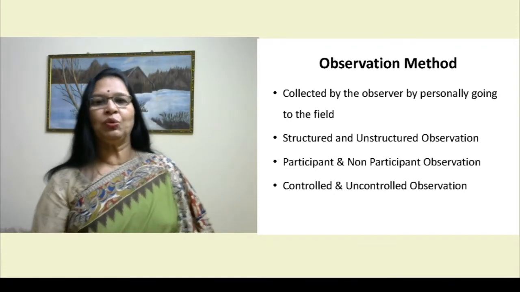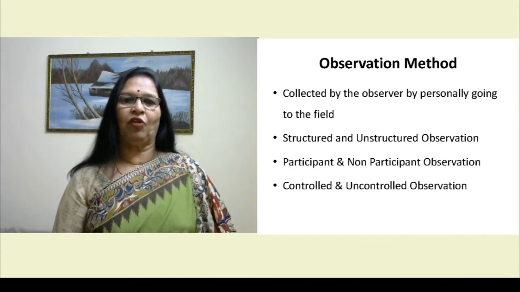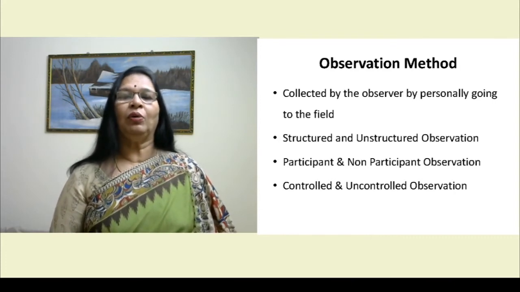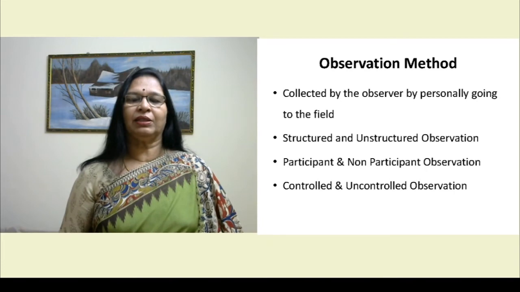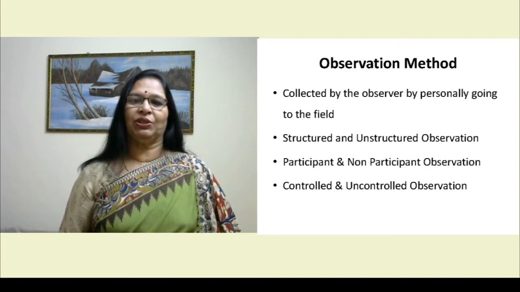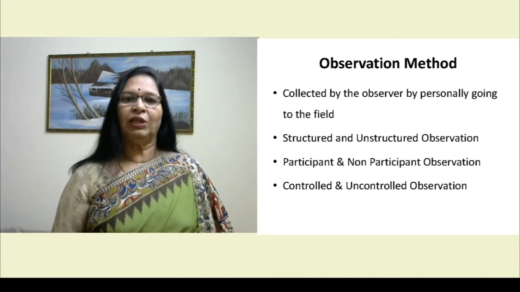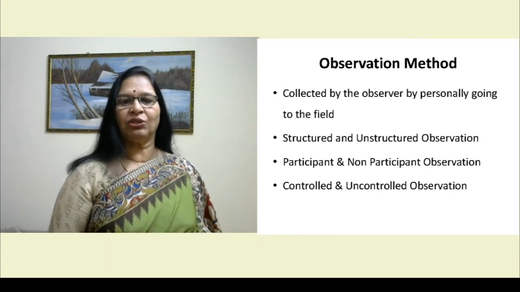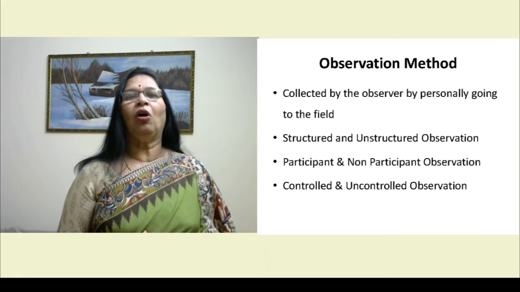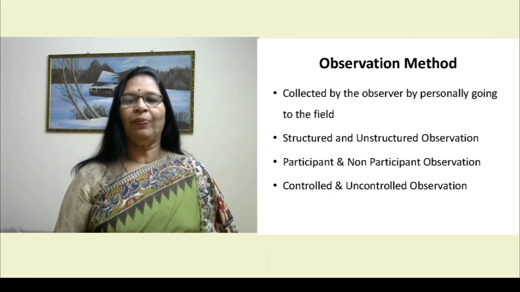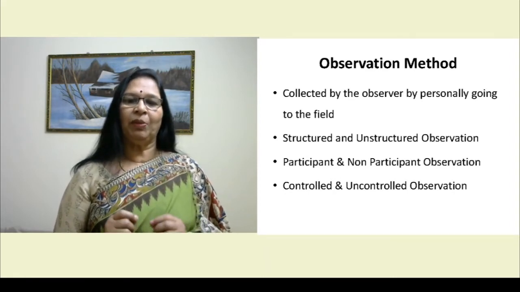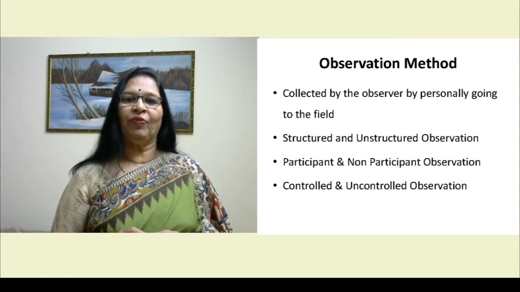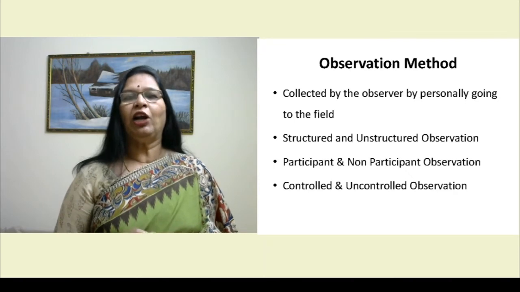One of the methods that is used by social scientists is the observation method, where we observe how people are conducting themselves in given situations. So the researcher has to go to the field and carry out either a structured observation or an unstructured observation. In structured observation, there are very particular points that need to be noted, and we observe only those kinds of things.